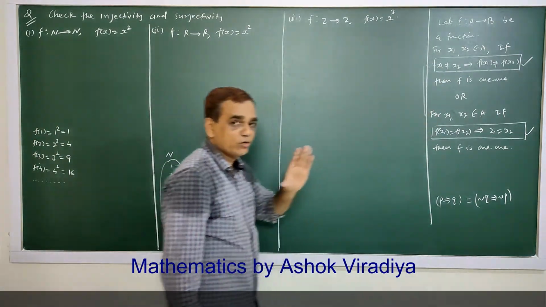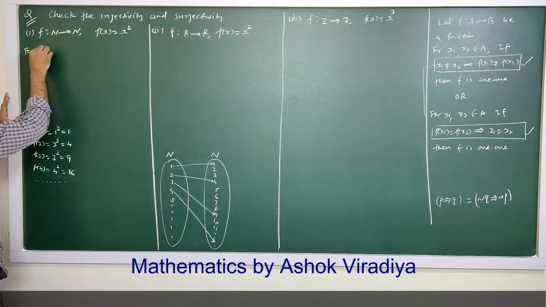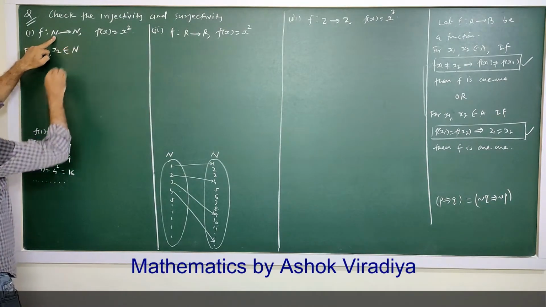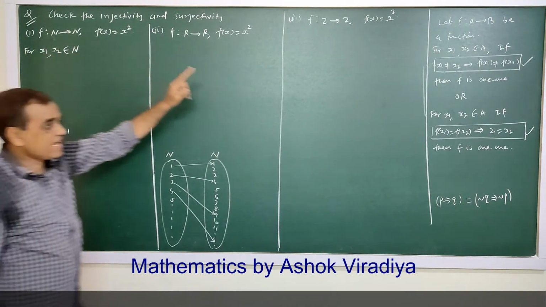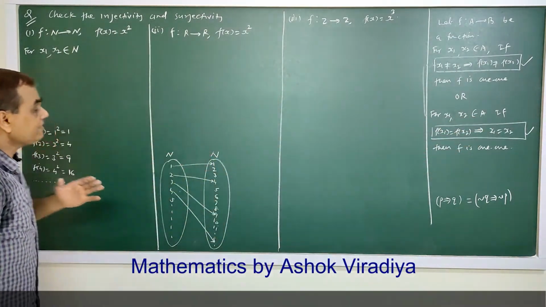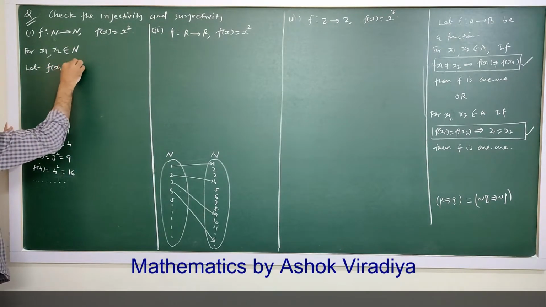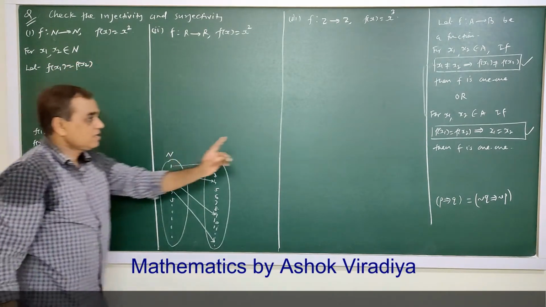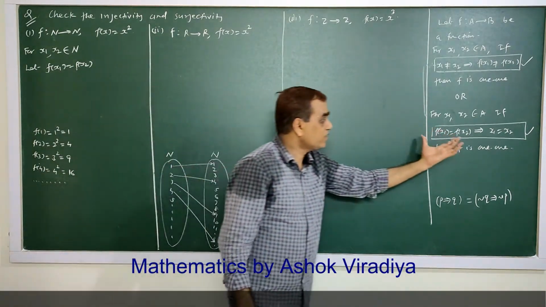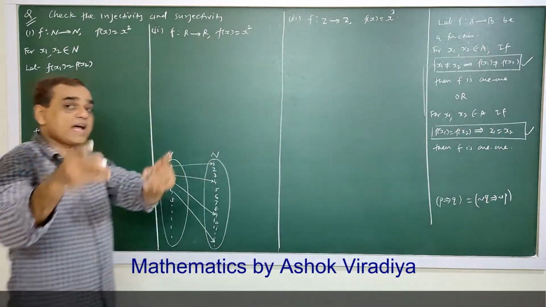The second form we are going to use. For x1, x2 belonging to A, what is A here? N. For x1, x2 belonging to the domain, we begin from f(x1) equal to f(x2), and we have to show that x1 equal to x2.